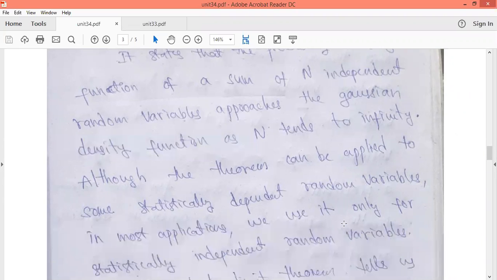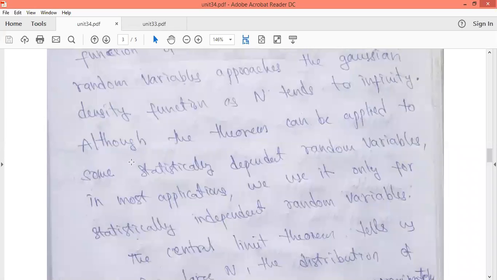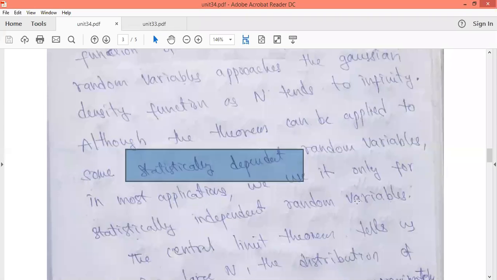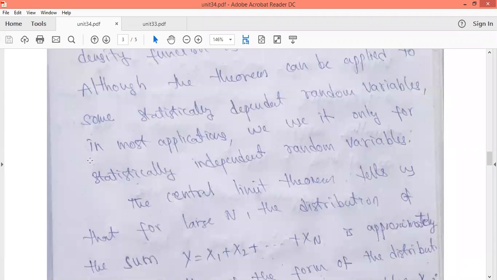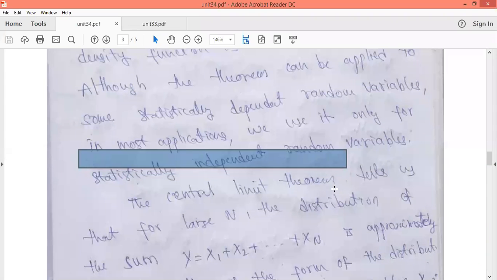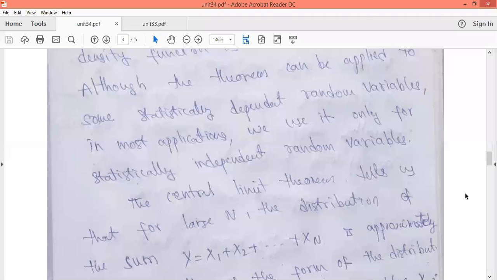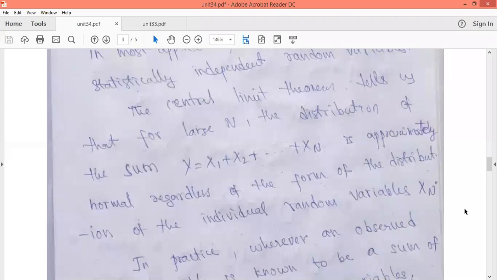And this central limit theorem can be applied for statistically dependent random variables as well as statistically independent random variables. And we also discussed that the central limit theorem says that for large n, the distribution of the sum of n random variables, that is Y equal to X1 plus X2 plus so on Xn, is approximately normal.